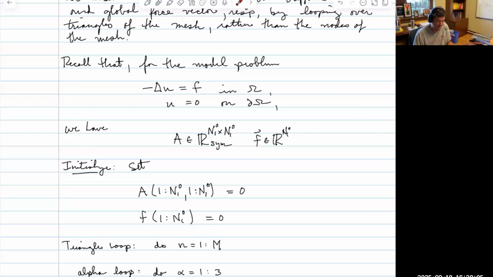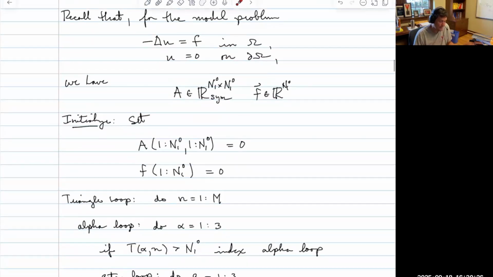But I'm going to leave that part for you to worry about: how do I take advantage of the fact that this is a symmetric matrix, so I don't have to think about the entries below the diagonal, because those are the same as the entries above the diagonal? I won't address that, but I'll leave it to you to think about.